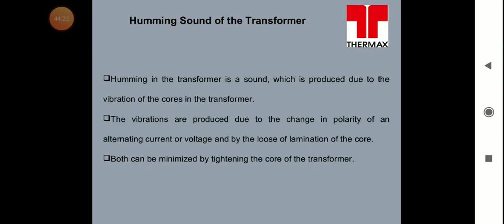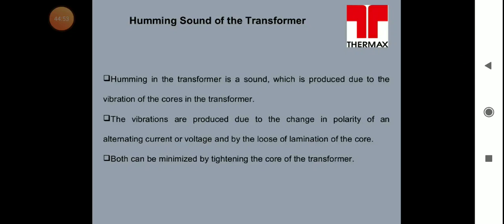This is also a fault. Why are these vibrations produced? Due to the change in polarity of the alternating current or voltage and the losses of lamination of the core. Both can be minimized by tightening the core of the transformer.